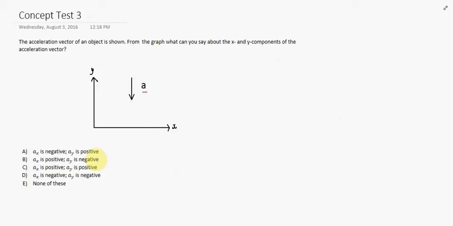Okay, let's go through the answer. So this acceleration vector is acting straight down, right? Which means that the angle theta is equal to 90 degrees relative to the horizontal, right? If I just had to keep projecting this down, it makes a 90-degree angle with the horizontal.